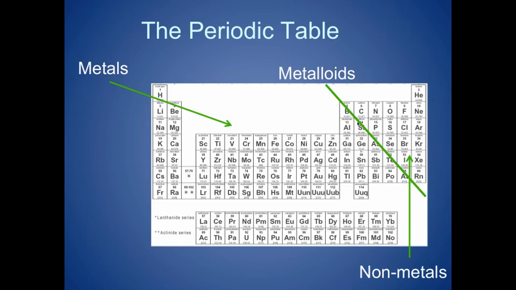You'll see a bit of a staircase on most periodic tables. This is just kind of a basic dividing line. You've got boron, silicon here, germanium, arsenic, antimony, tellurium, and polonium, and then astatine. These are your metalloids. Metalloids are also sometimes called semi-metals. And the reasons for that we'll discuss in just a moment.